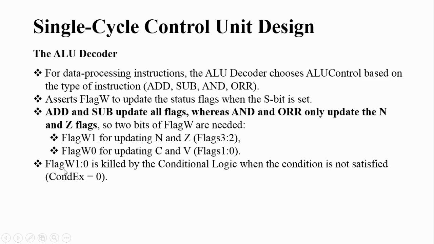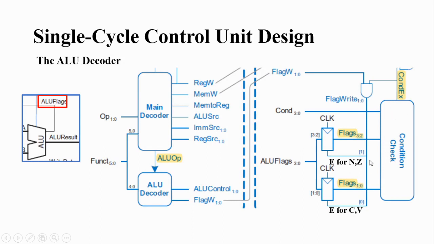And the flag bits will be killed if the conditional logic is providing an output 0. So all those signals which will be generated are controlled by using the condition check field or the conditional logic. So if the conditional logic is giving a 0 signal, all the flag enables will be 0, right? I told all the instructions are having a condition field.